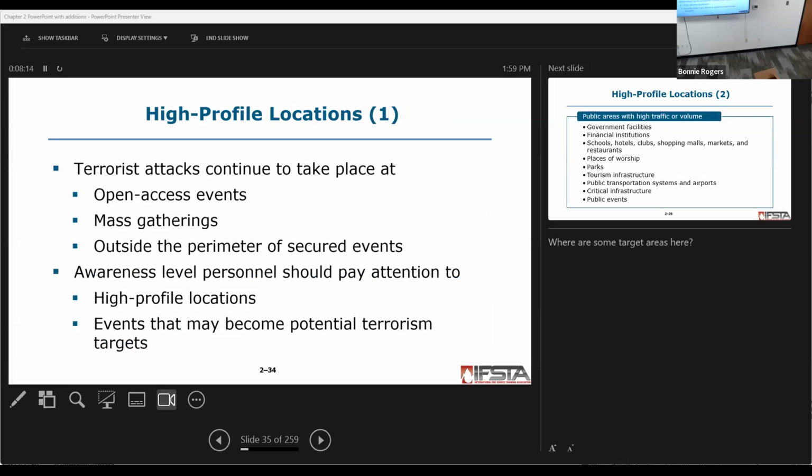A terrorist or a bad guy wants to inflict as much damage or perceived damage as possible. They want to hurt people and scare people. So how are they going to do it? By hitting the most populated places, big groups, or things that are significant or critical infrastructure.